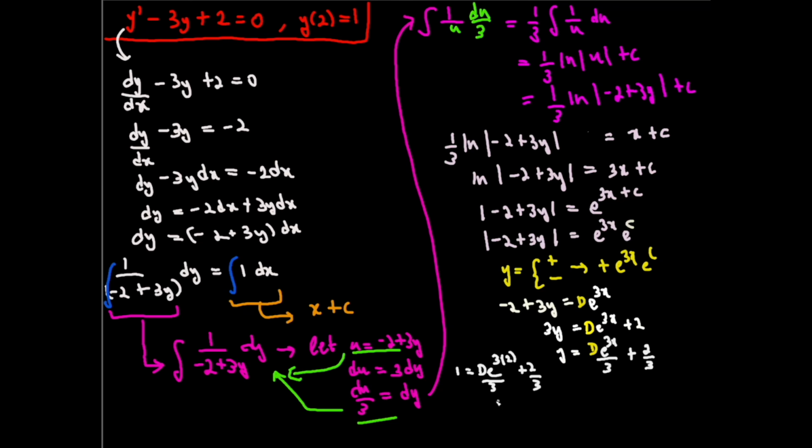If you multiply this out by 3, we get 3 equals d e to the 6 plus 2. If we solve this, we get 1 equals d e to the 6. And from there we get d is 1 over e to the 6.